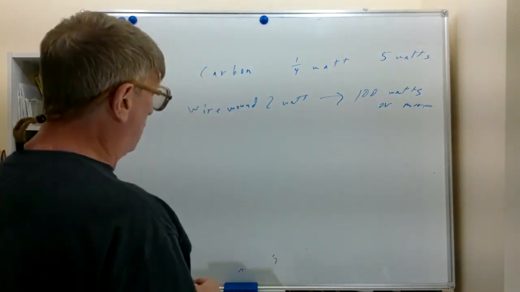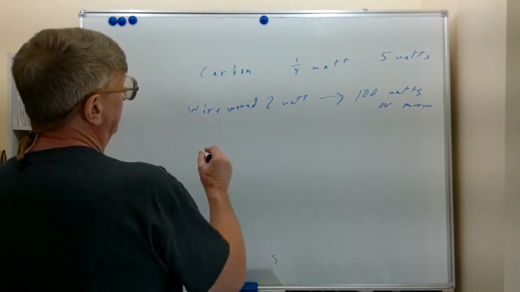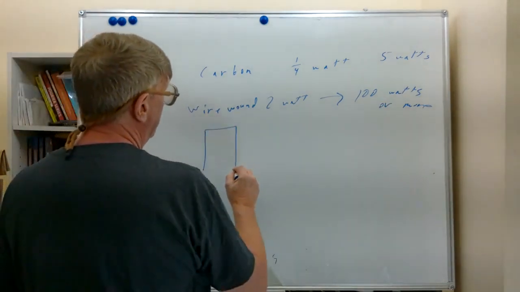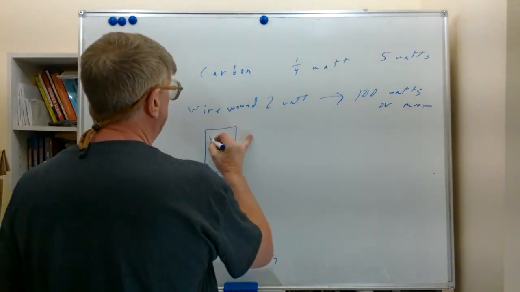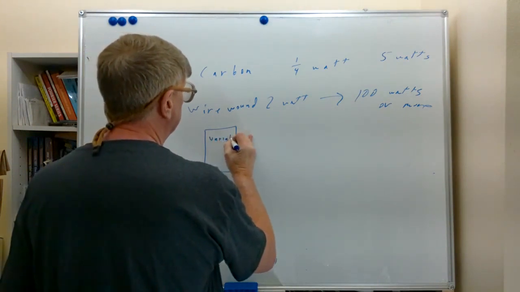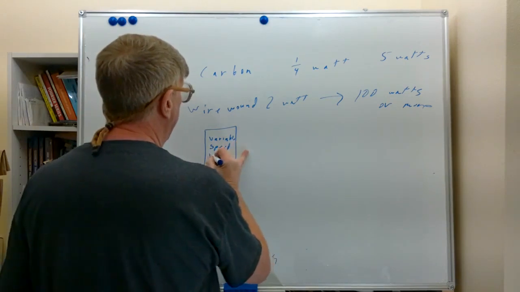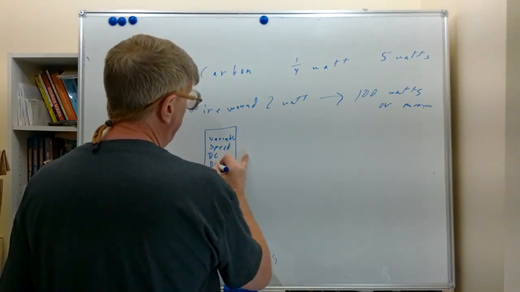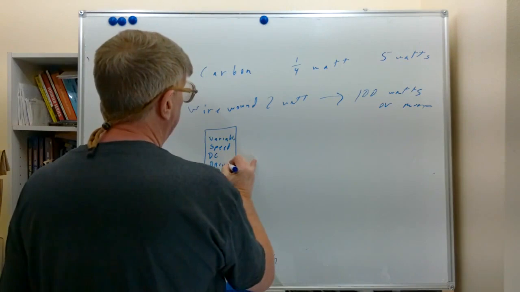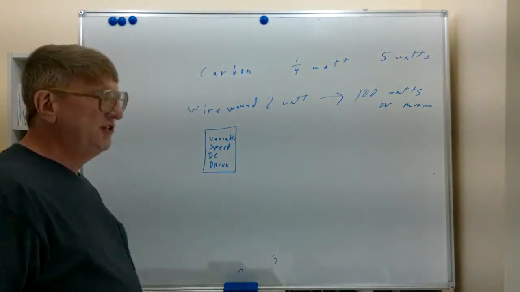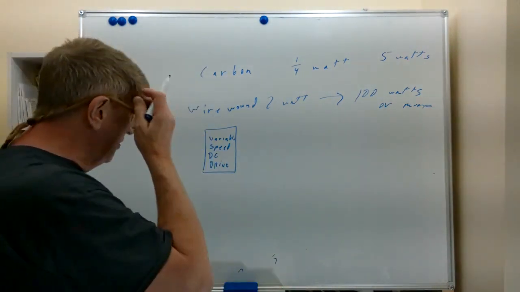Now, where might we use a wire wound resistor? I'm going to draw this and say this is a variable speed DC drive. What does that do? In the simplest terms, it puts on a variable voltage to change the speed of a DC motor.